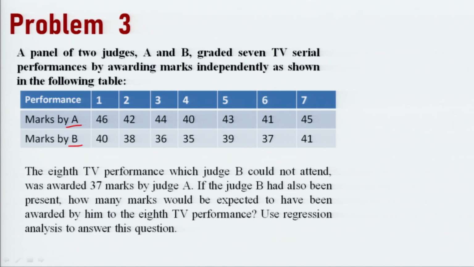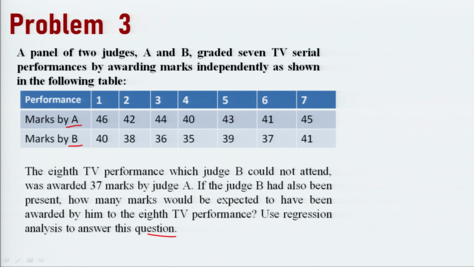A TV performance which judge B could not attend was awarded 37 marks by judge A. If judge B had also been present, how many marks would be expected to have been awarded by him to the 8th TV performance? Use regression analysis to answer this question.